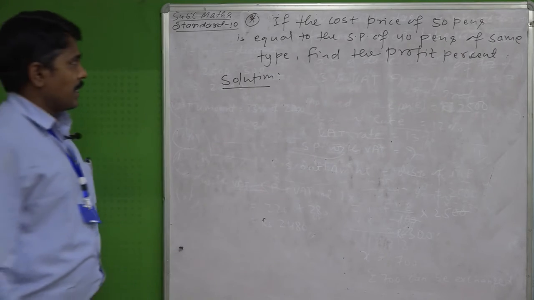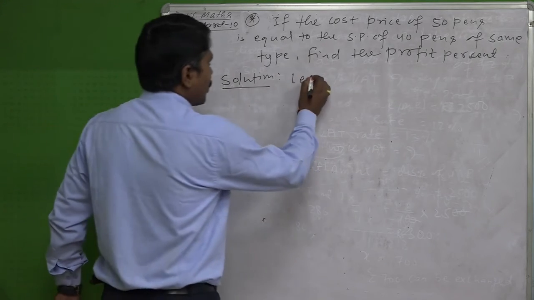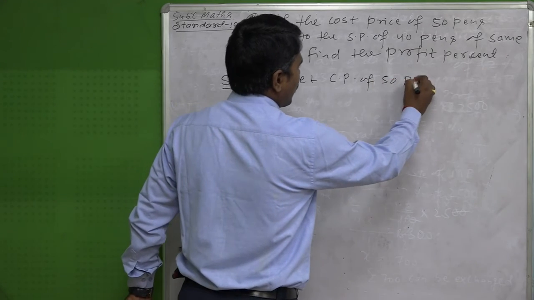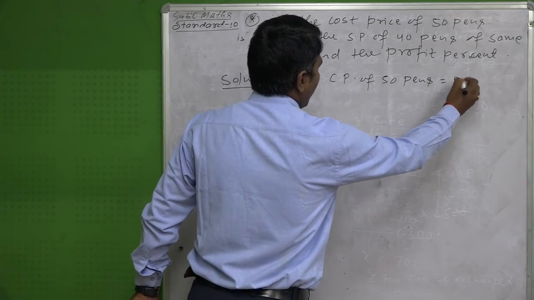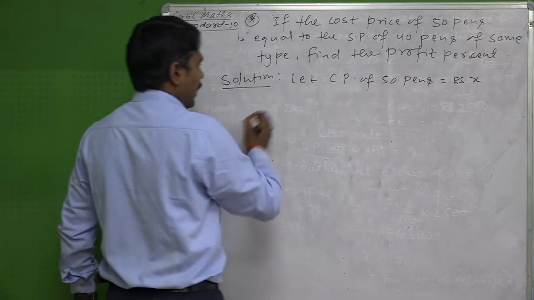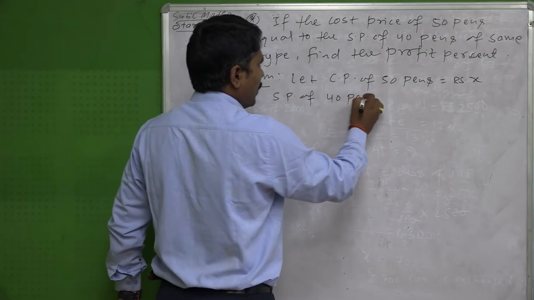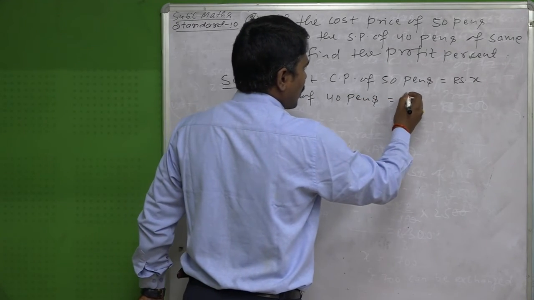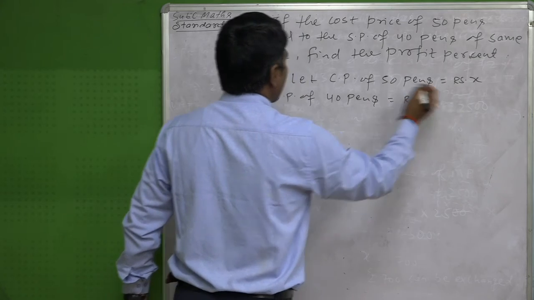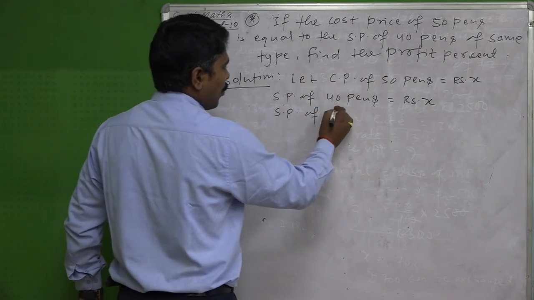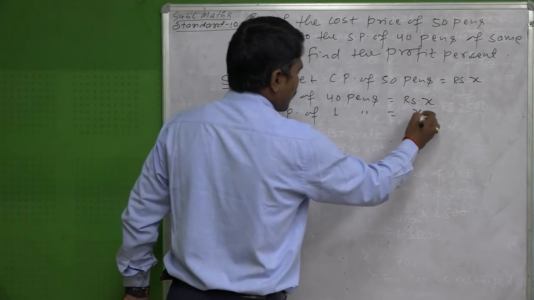If the cost price of 50 pens is equal to the selling price of 40 pens, then find the profit percent. It means you can suppose here, let the cost price of 50 pens equal Rs X. Then the selling price of 40 pens is also equal to Rs X. Then the selling price of 1 pen is X by 40.